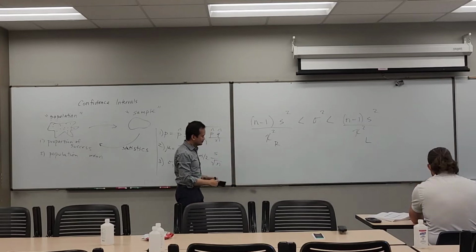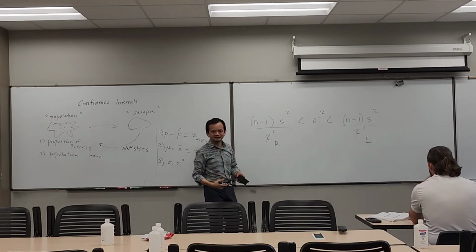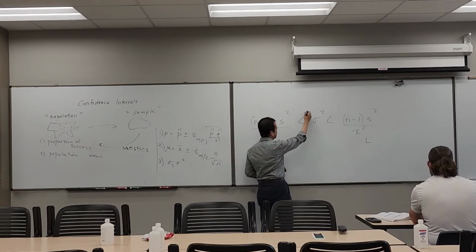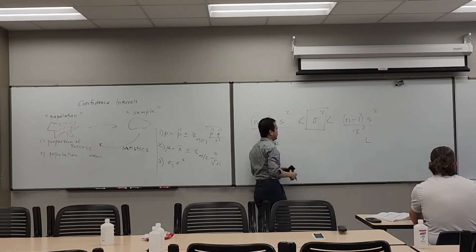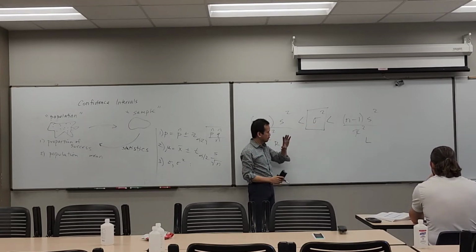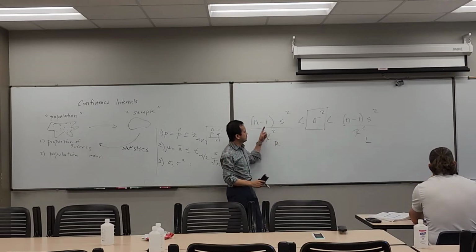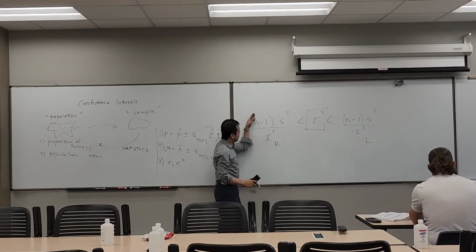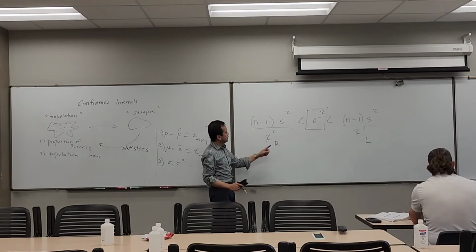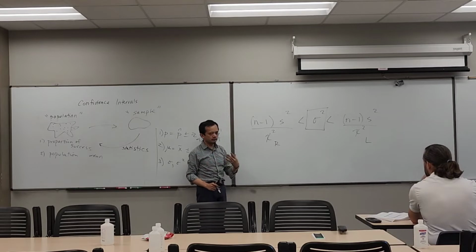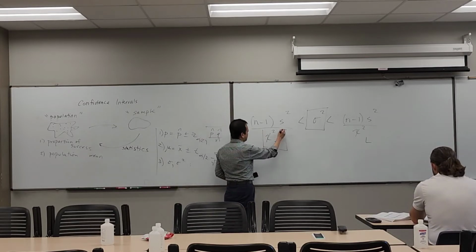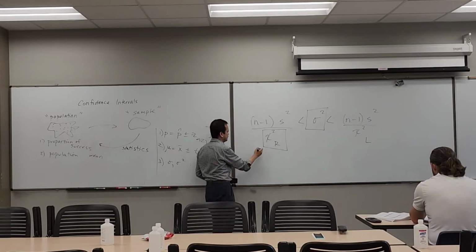Okay, so again, this is gonna look hideous the first time you see it, but it won't be so bad as we talk about it. So what this is saying is that sigma squared, the true population variance, is between these two numbers, where the left number is n minus one, the sample size minus one, times s squared, the sample standard deviation squared, divided by this new symbol that we read as chi-square right.